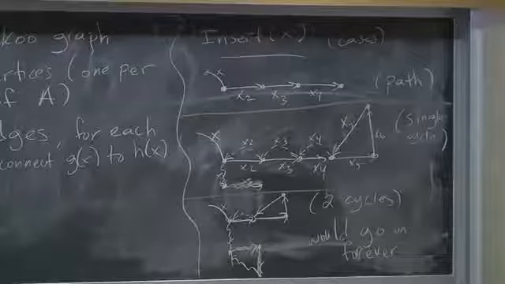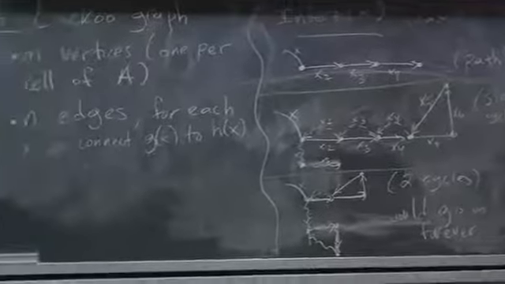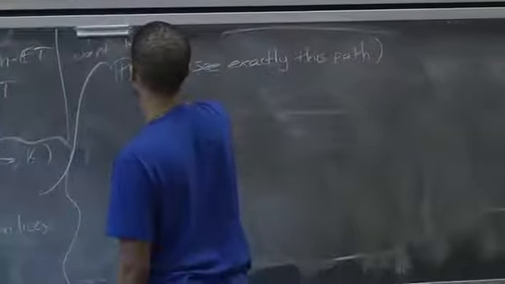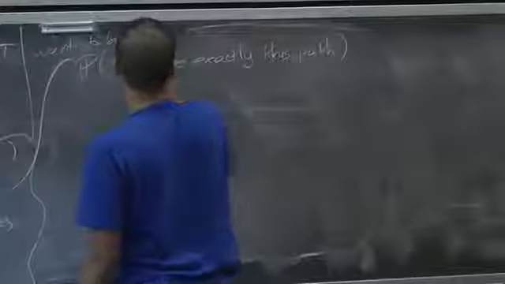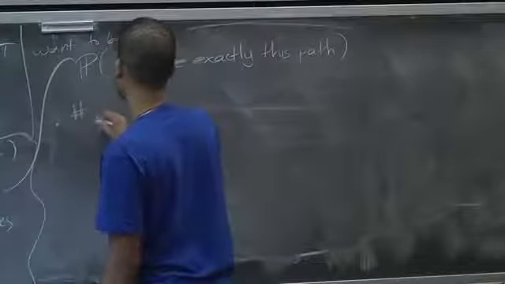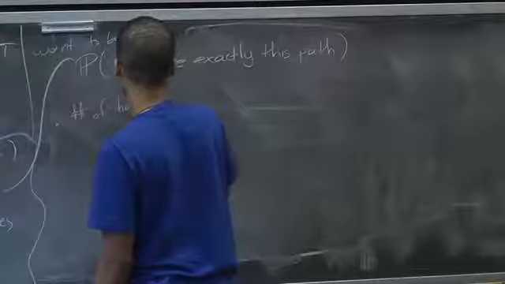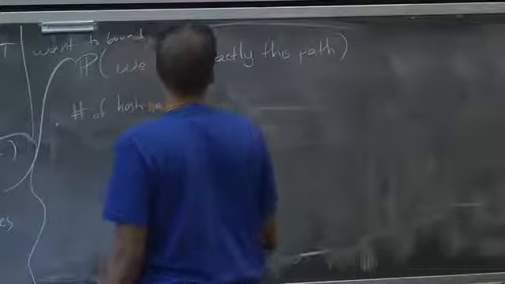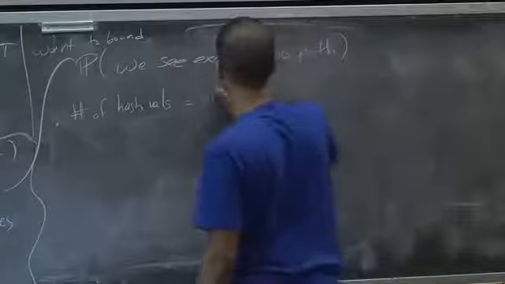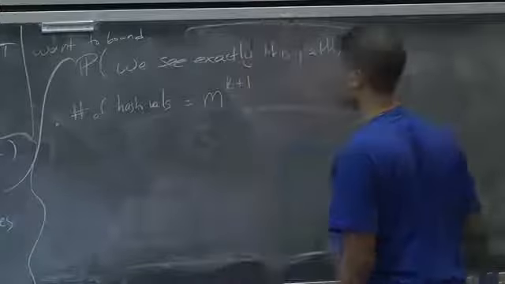Okay. So we want to bound. We have that the number of hash values is, I guess, m to the k plus 1.